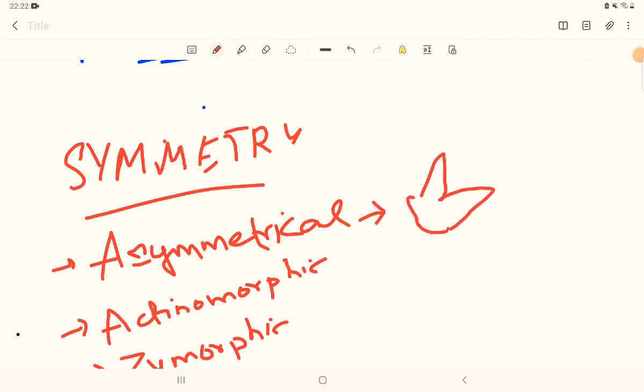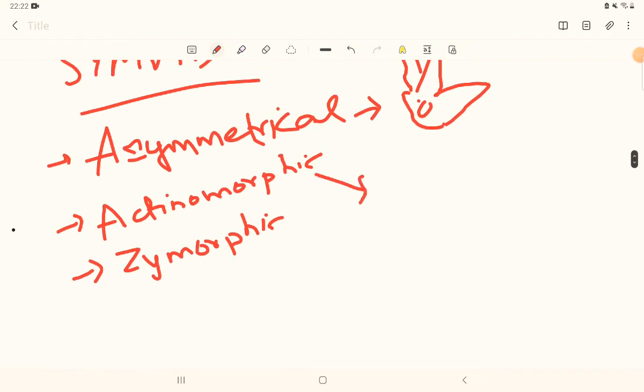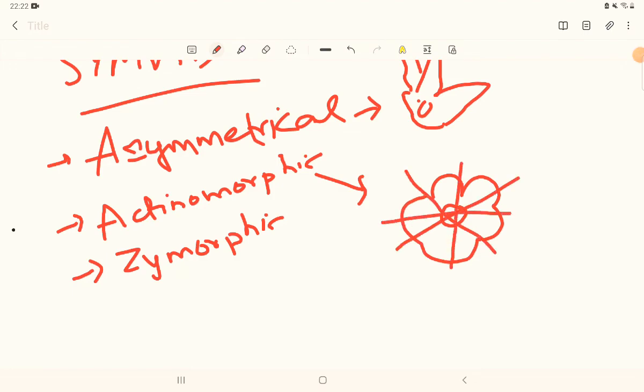So if you cut it also, how will you get the flower in equal parts? No, right? You will not be getting it. So that is why we call it asymmetrical. Okay, next is actinomorphic. Radial symmetry means when we cut a flower at any angle, we will be getting symmetry between the petals.